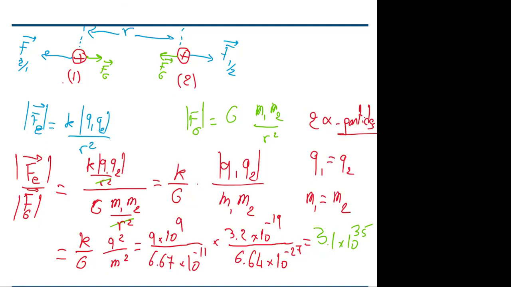What we said: if the electric force divided by the gravitational force gives a result greater than 1, much greater than 1, in this case we will neglect the gravitational force. Too big compared to 1. So in this case, the electric force is much greater than the gravitational force.